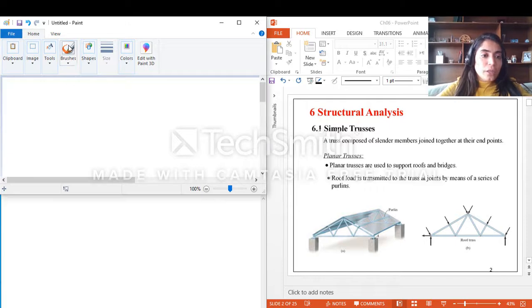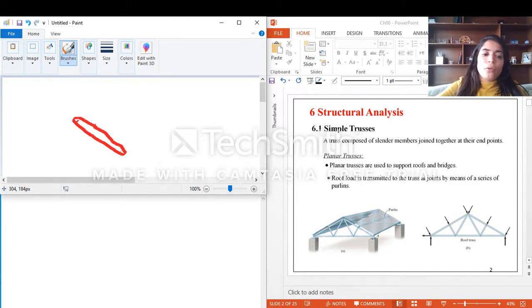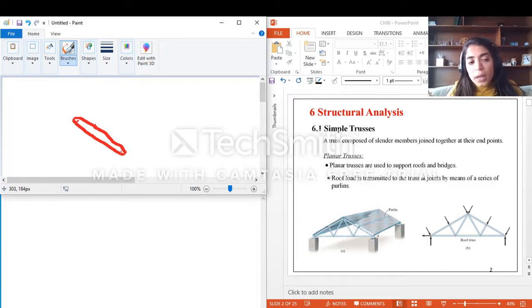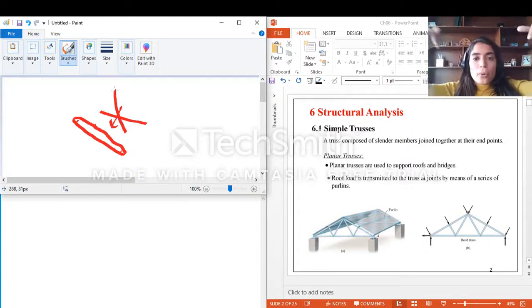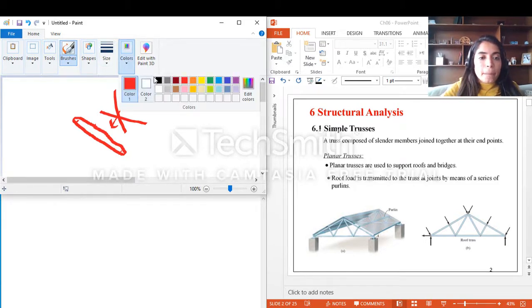If I draw here one member of this truss, and of course it should be pinned at the end with other members, and we separate it from all other members, I should not have any external force on the member.